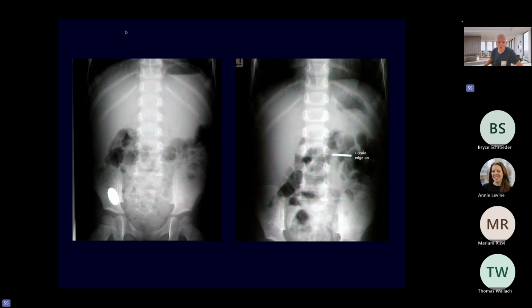Where is the foreign body in the left panel, and where is the foreign body in the right panel? You mean what anatomical structure is it in? What anatomical structure is it in?